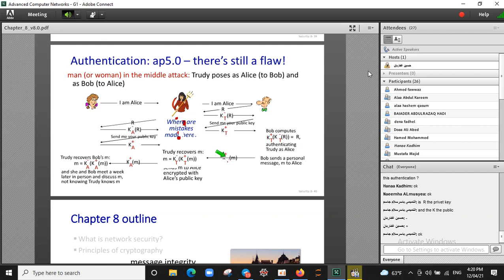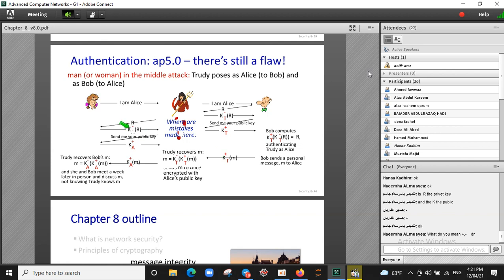So minus means private, plus means public, and A, T and other signs mean the name of the owner of that key. K of A means Alice is the owner of that key. K with subscript T means that Trudy is the owner of that key. Okay?